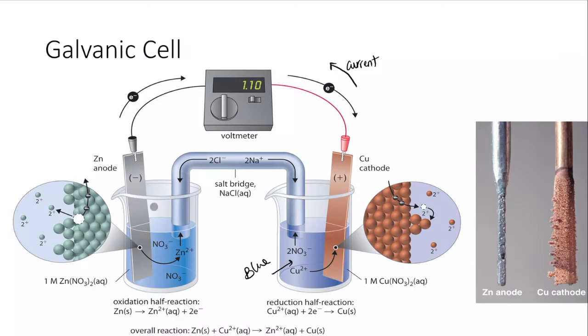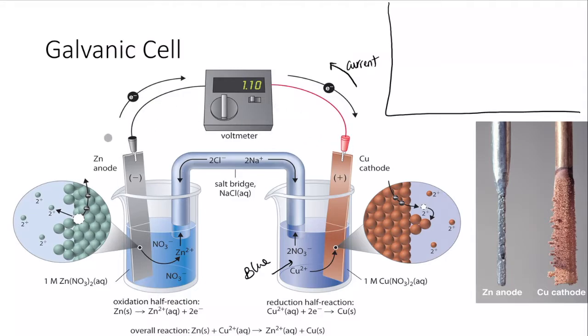Before talking about the zinc strip and the copper strip, let's talk about what's going on in this setup in the galvanic cell. So actually we have the transfer of electrons. It's an oxidation reduction reaction, and the electrons are being transferred from zinc to copper.